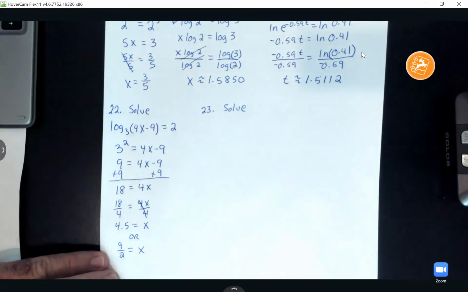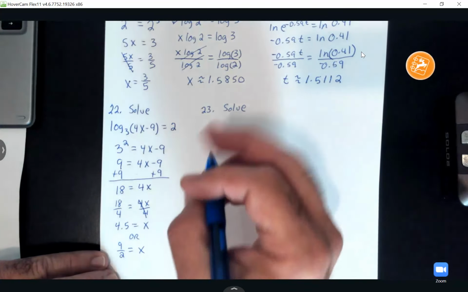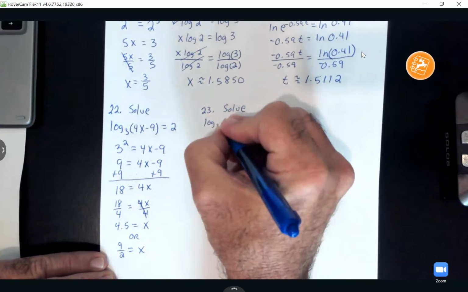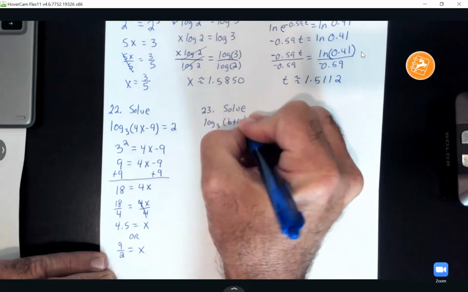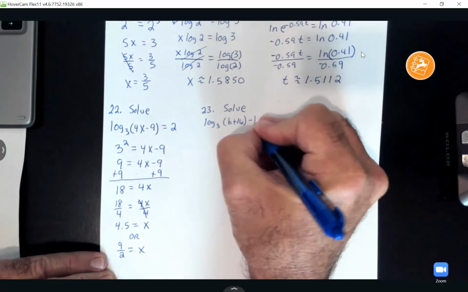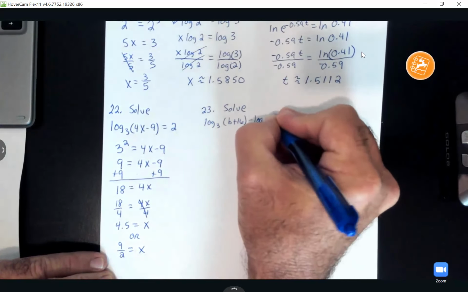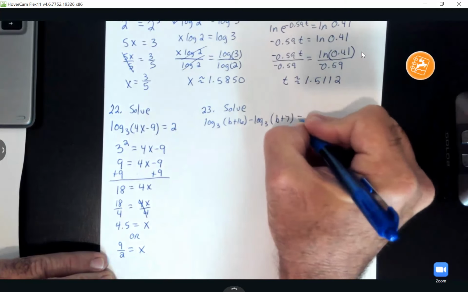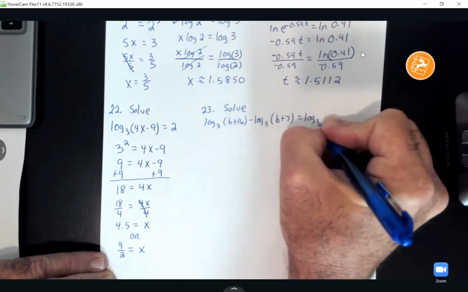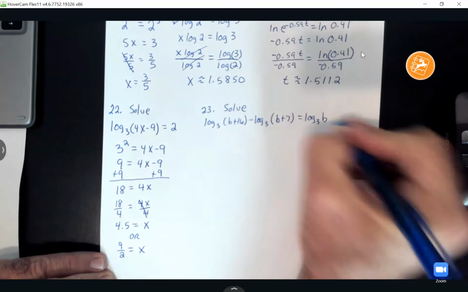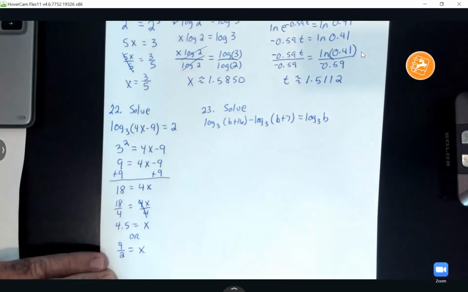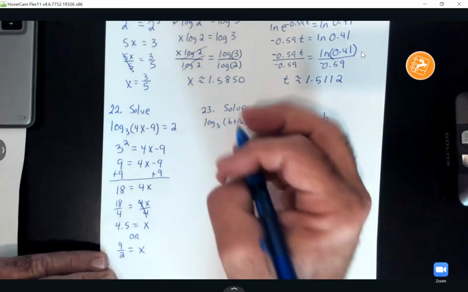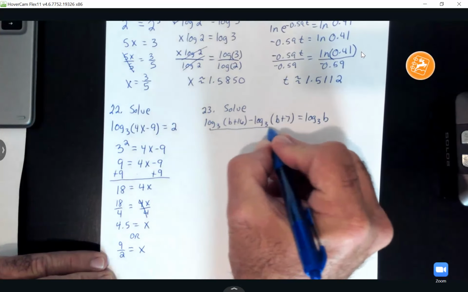All right, y'all, 23 is a log, and it's a longer one. It's got a log base 3 of b plus 16 minus a log base 3 of b plus 7. That's going to equal a log base 3 of b. So I got logs everywhere, but my first step is on this left side.